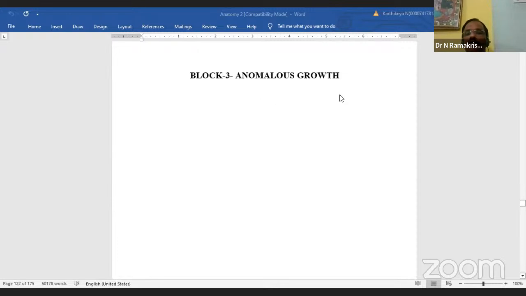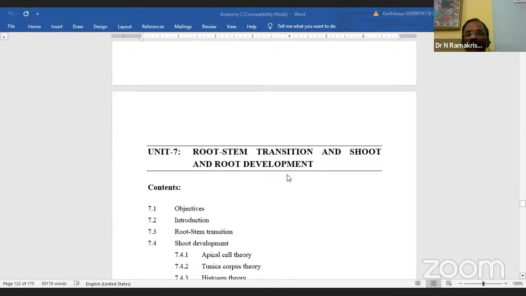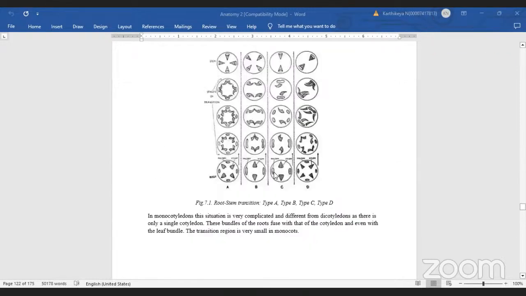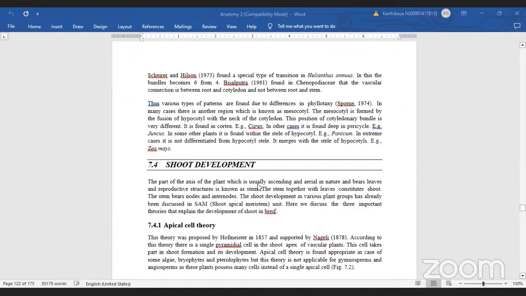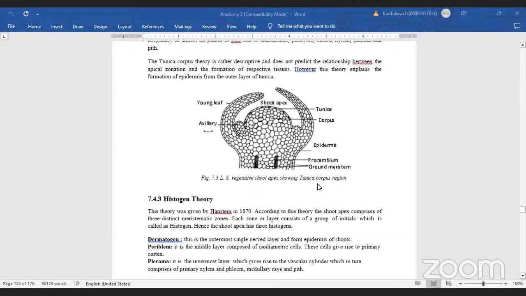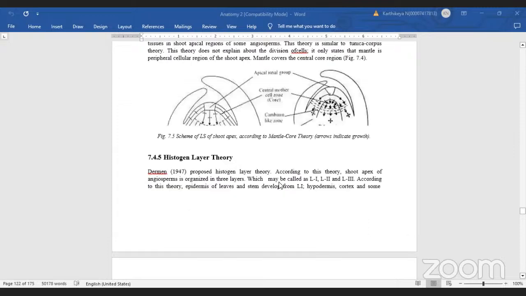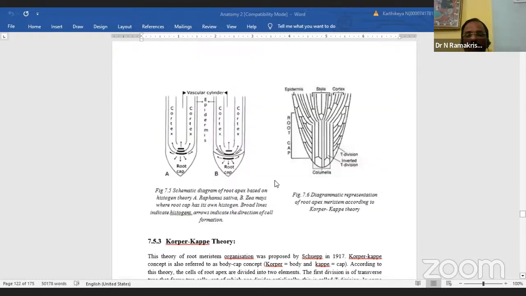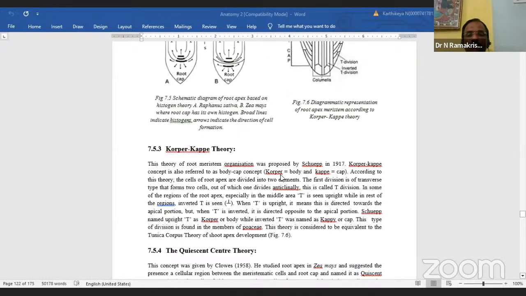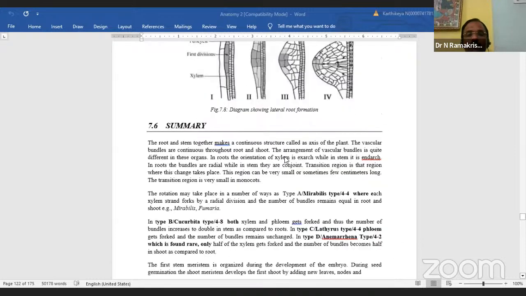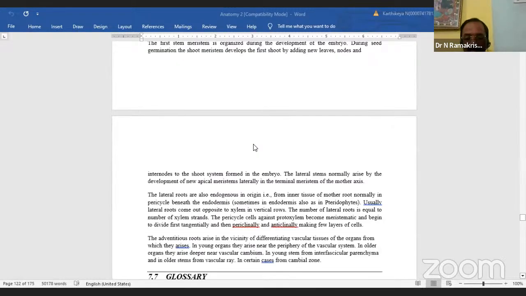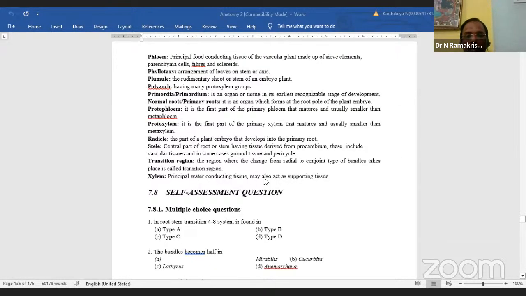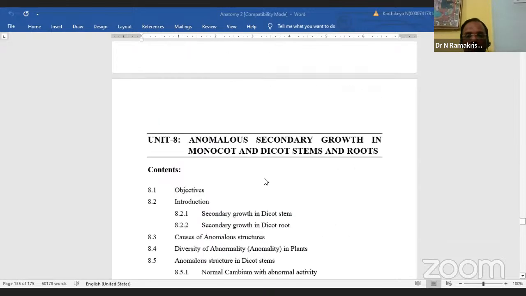Now you see here, this one, anomalous secondary growth. Is it clear now, anomalous secondary growth? Yes, sir. In anomalous secondary growth, there is abnormal behavior and normal behavior; you know the diagrams actually.